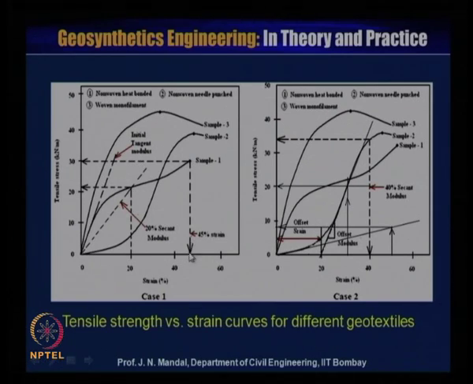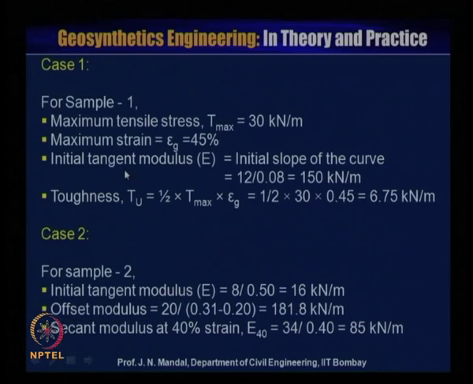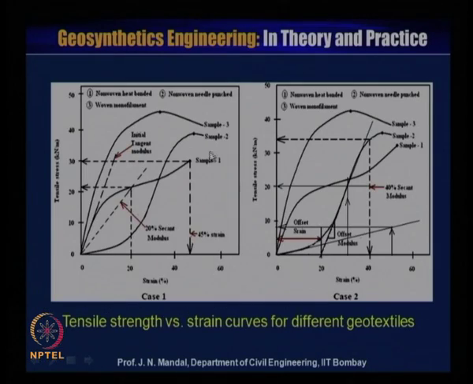This is about 45% strain, and the corresponding maximum tensile strength value is about 30 kilonewton per meter. I am showing it here for sample number 1: maximum tensile strength T maximum is 30 kilonewton per meter and maximum strain epsilon g is equal to 45%. So, for sample number 1, 45% strain and the corresponding tensile strength value is 30 kilonewton per meter.